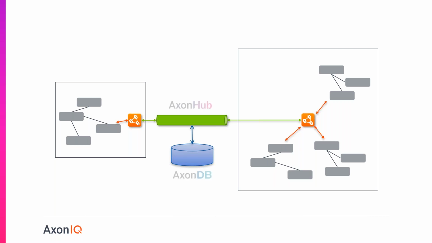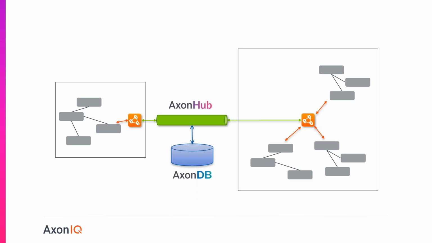And this is where Axon DB and Axon Hub come in. Together they can play the role of the component that takes care of the messaging between different instances where Axon is deployed.